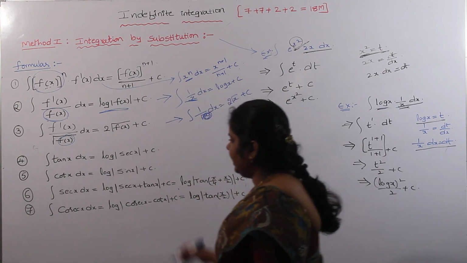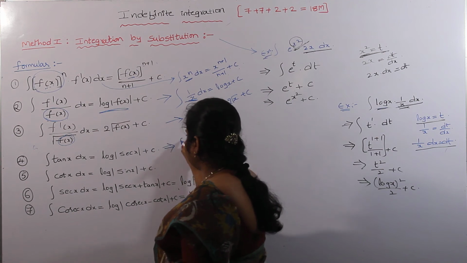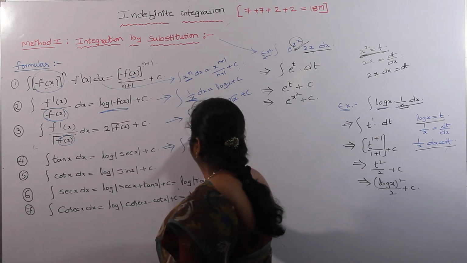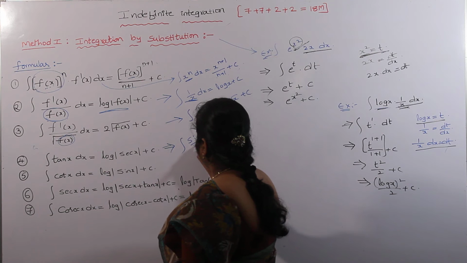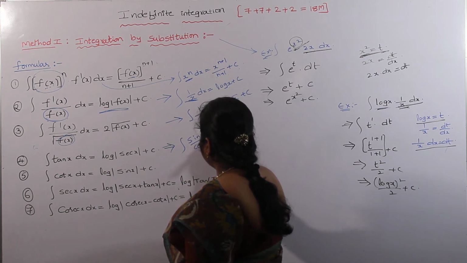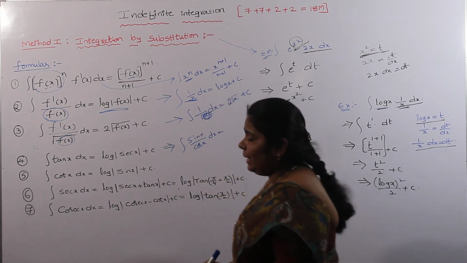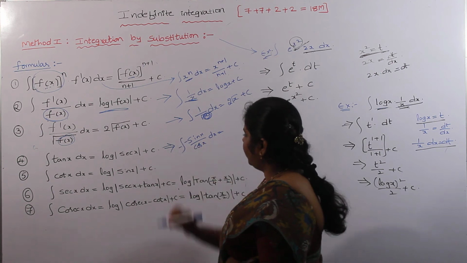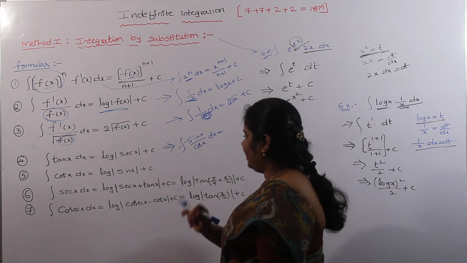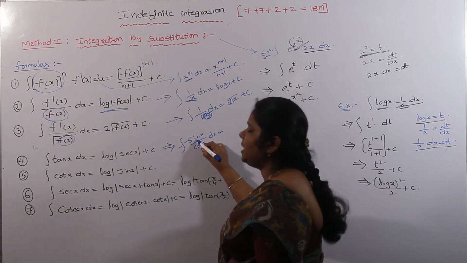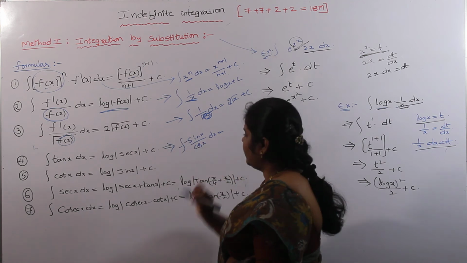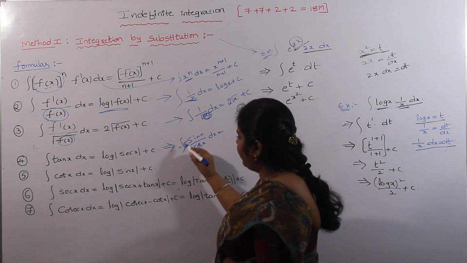Integral of tan x dx, this tan x can be written as sin x by cos x dx. After that multiply with minus minus. Why? Because cos x differentiation is minus sin x. Here minus is missing. So here multiply with minus minus.